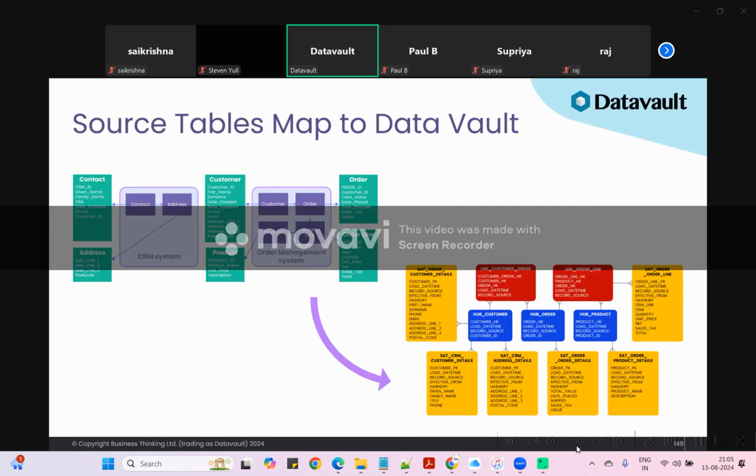So what's going on? We have all these source tables in green, and the modeling work we did converted them into a data vault model, 3 building blocks: hub, link, satellite. They're the same model, basically. I can reconstruct one from the other.